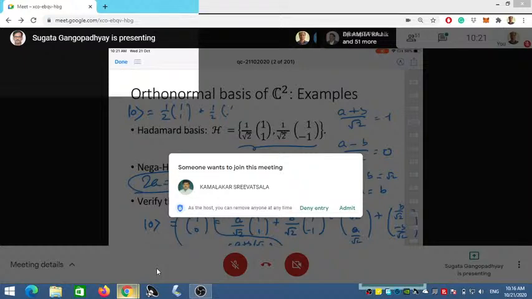So it is a superposition of two basis states.